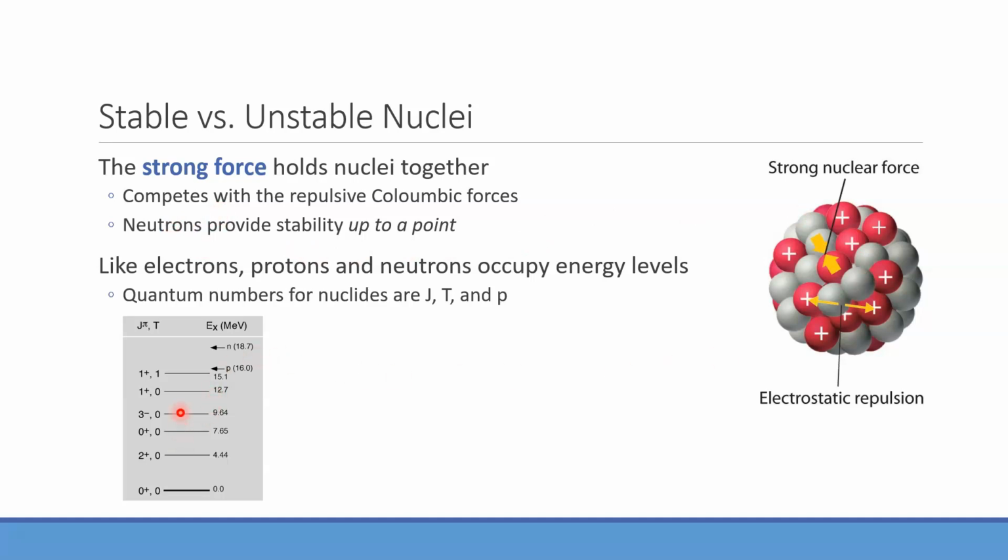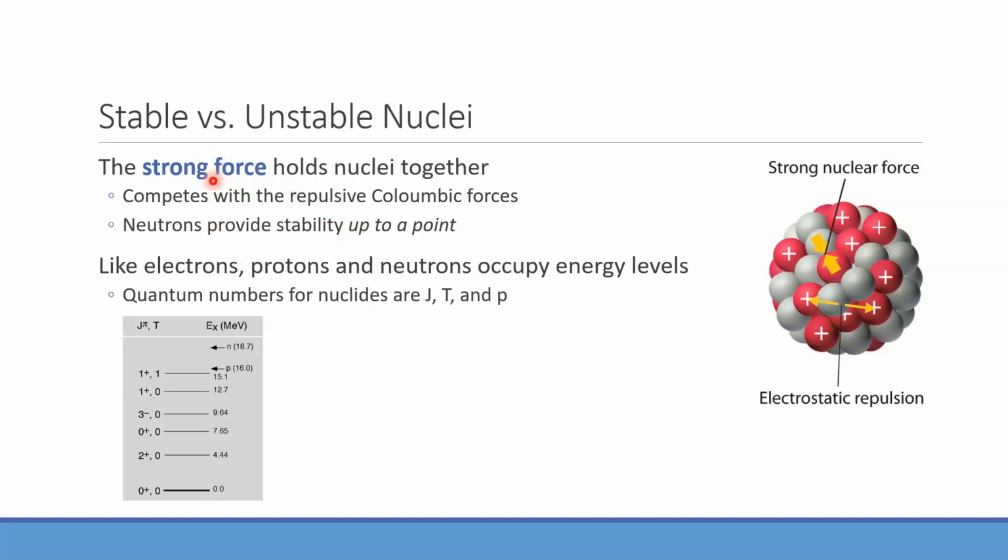And here we have quantum numbers for protons and neutrons, just like electrons. They're J, T, and P. These are different. You don't have to know any of these. I just want to show you that there are energy levels for neutrons and protons. And the thing is that once you get more and more neutrons, you're going up to higher and higher energy levels. So there's a ton of energy held in this nucleus, and eventually you get to a tipping point where the strong force can't overcome it.